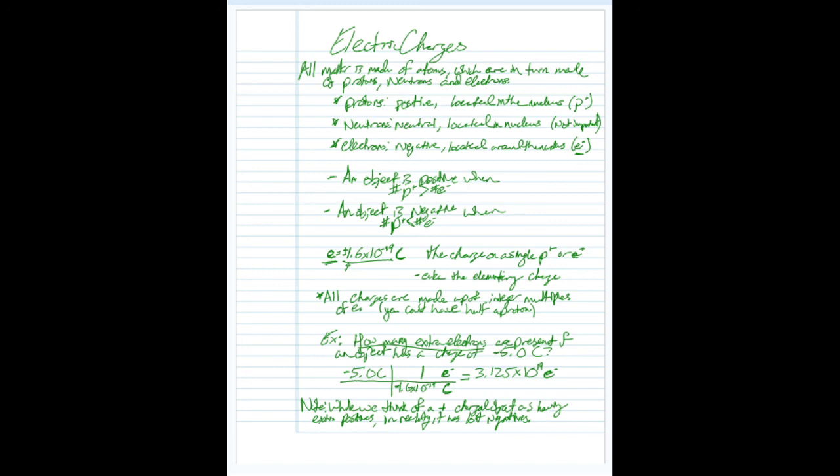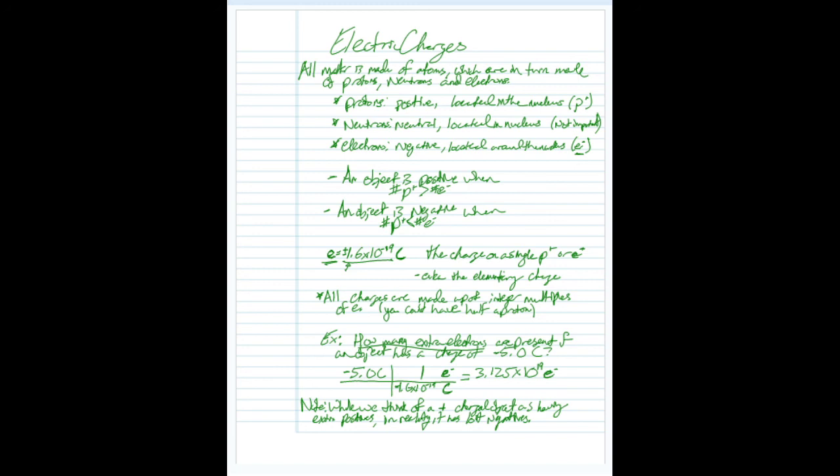A lot of the work that was done with electric charges and electric force and basic electricity was done long before we knew that there were protons and electrons in the atom, before we knew what was going on with the atom. This was done back in the 1700s.